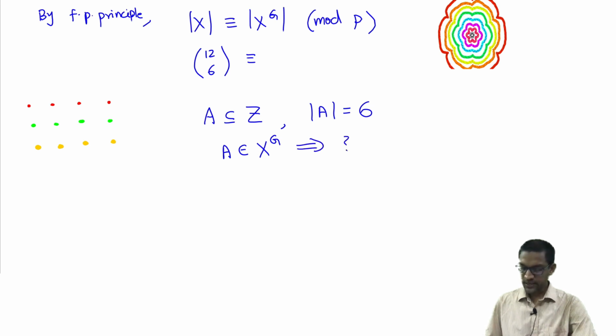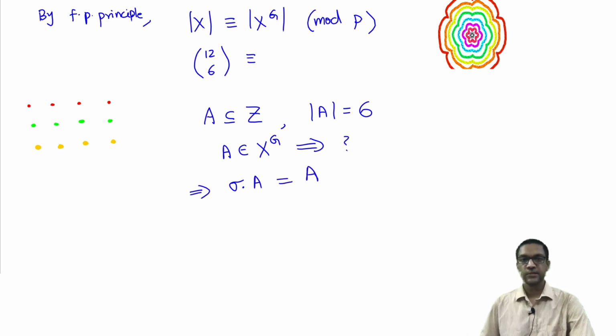What does it mean to say that A is a fixed point? If A is a fixed point, in particular A is fixed by sigma, the generator of the group. In fact this is enough. If it's fixed by sigma, then it's also fixed by sigma squared, sigma cubed, and so on.